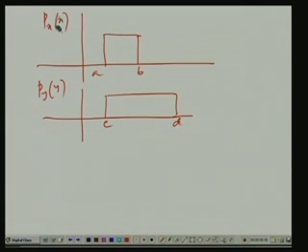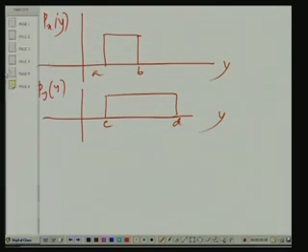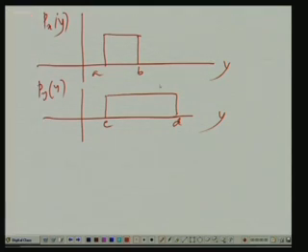Taking the permission, I replace it by y, just to make the same variable in both. Then I have to reverse it. So, reverse it means a goes to minus a, b goes to minus b, and then if I multiply the two without any shift, I find there is no overlap, so it is 0.